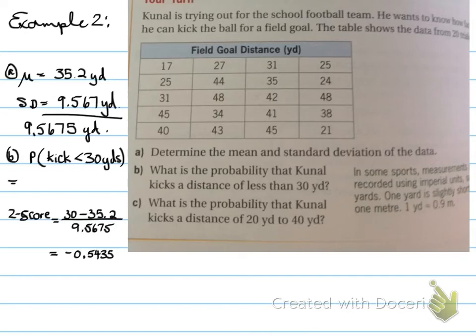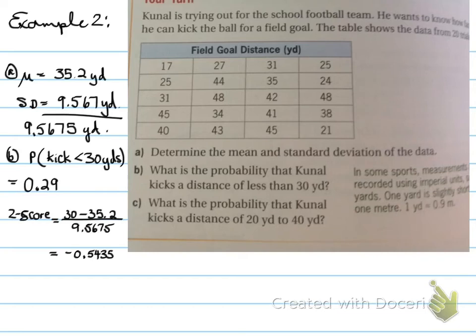Next, we look on the chart on pages 480 to 481 and find a z-score of negative 0.54.